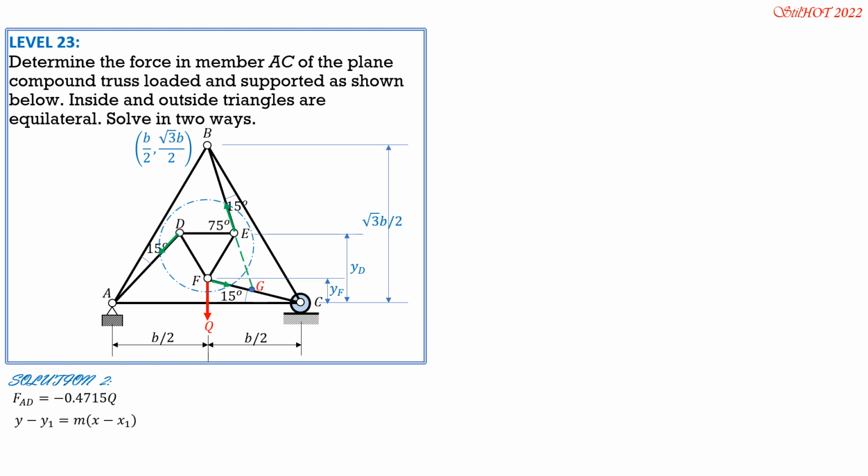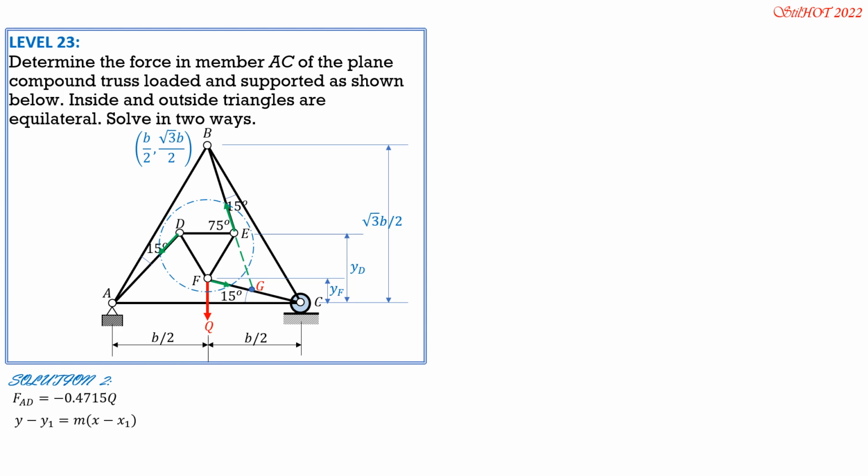So this is 75 degrees. The angle that BE makes with the positive x-axis is 180 minus 75, which is 105. But if you make it clockwise, because BE is in this direction also, it is negative 75 degrees.